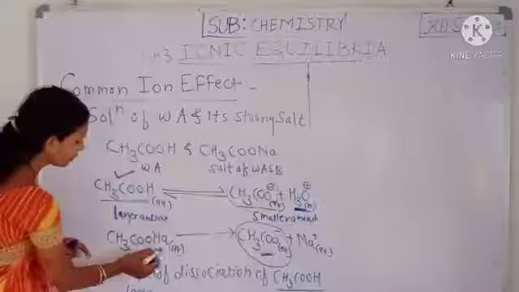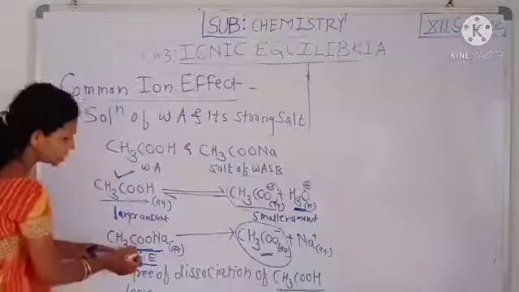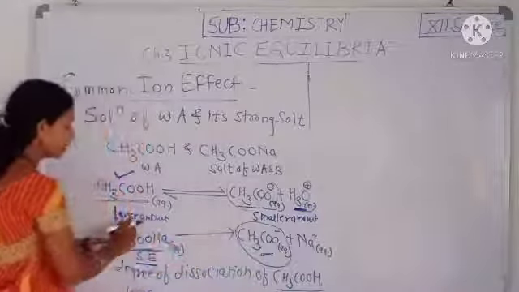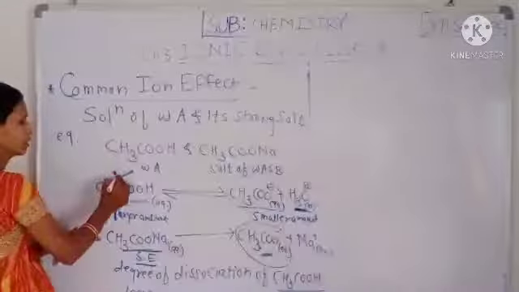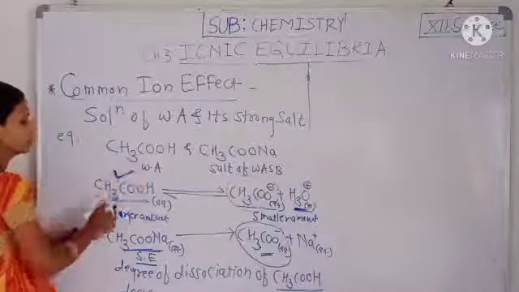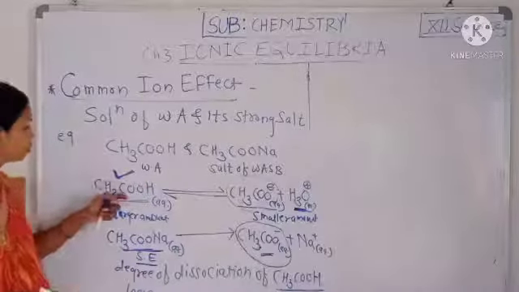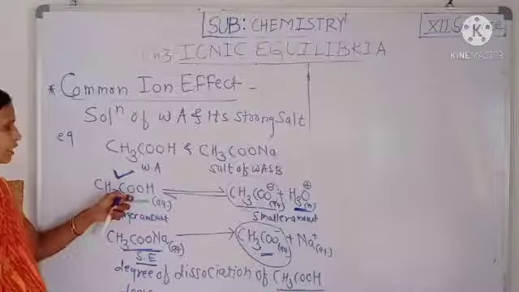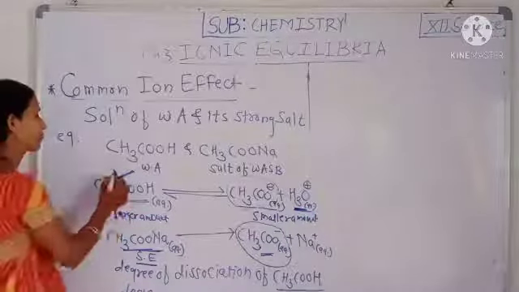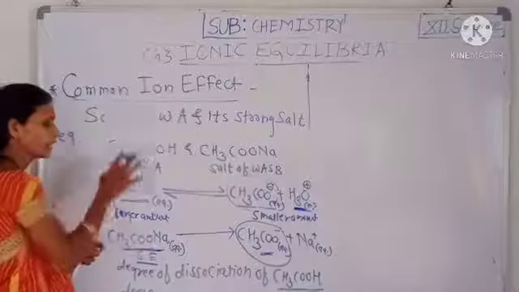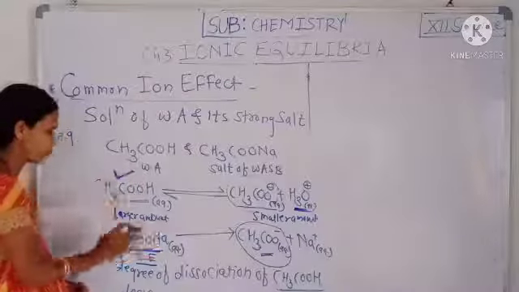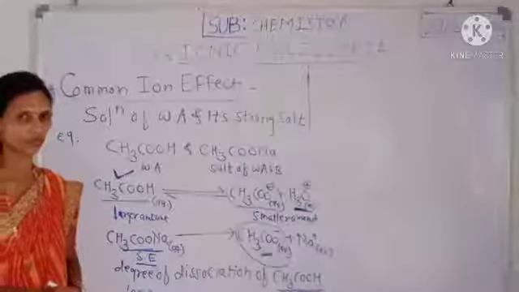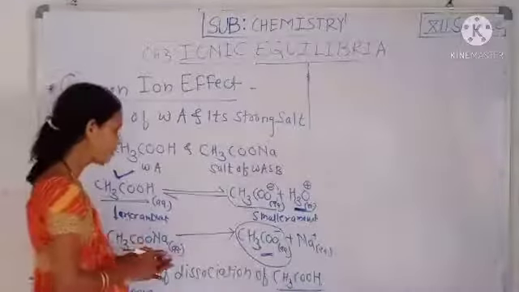And because of that strong electrolyte containing the common ion, when it is added into the aqueous solution of acetic acid, the weak electrolyte, the degree of dissociation of that weak electrolyte is decreased or suppressed, and that is the common ion effect. Then what is the common ion effect?